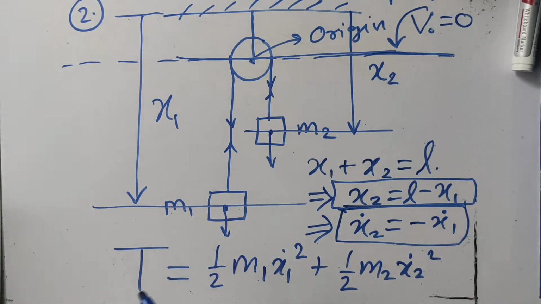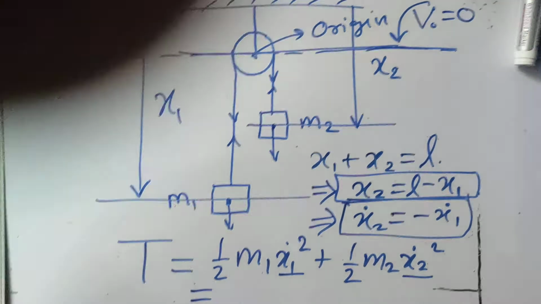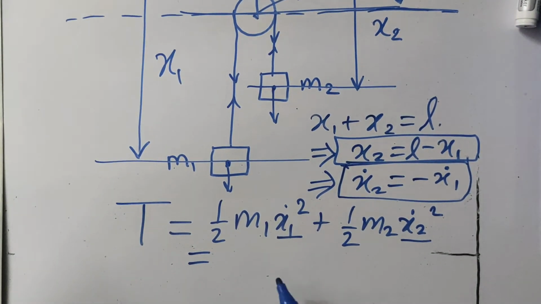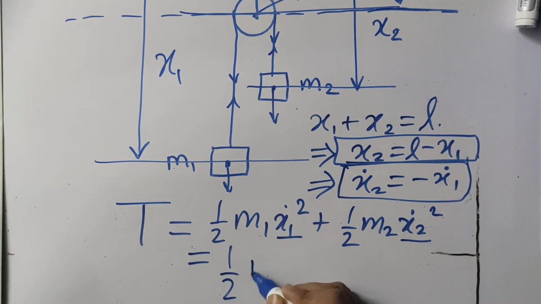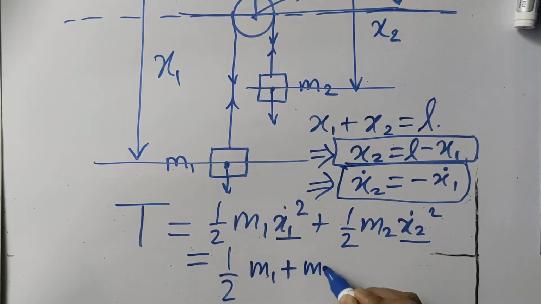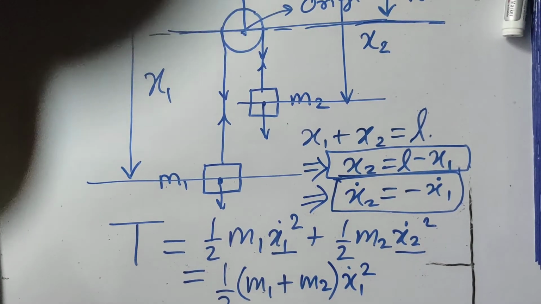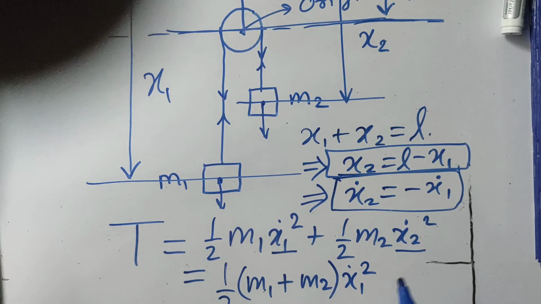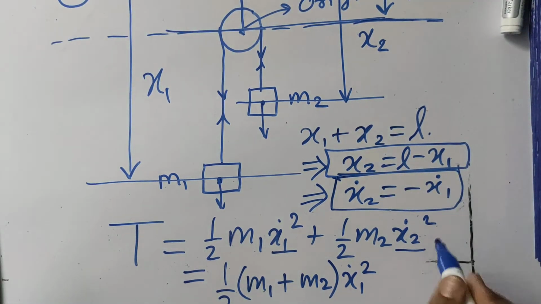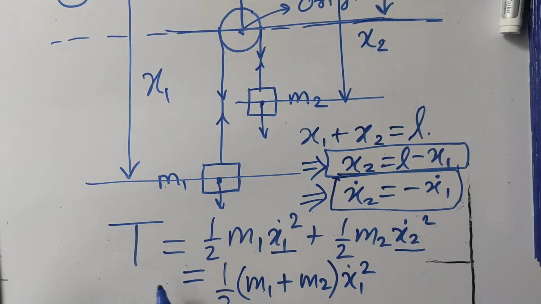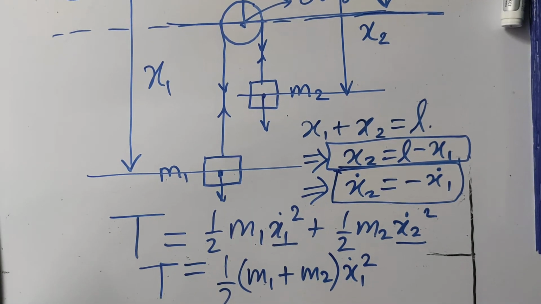And what is our potential energy for this system? Give it a thought. But before that, let me simplify this kinetic energy term by expressing x2 dot in terms of x1 dot. So you're basically getting something like half (m1 plus m2) x1 dot squared, because this x2 dot squared is minus x1 dot squared, that is x1 dot squared, and this is the final expression of kinetic energy of our system, right?